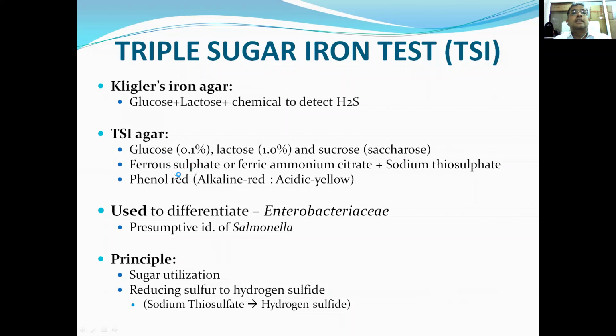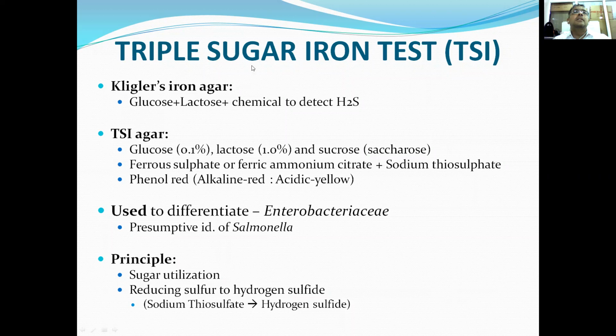Whereas this iron source will help to identify whether the bacteria are producing hydrogen sulfide or not. And to see these changes, the media contains phenol red. Phenol red is a pH indicator: if it is alkaline, it is red color; if it is acidic, it converts to yellow color.